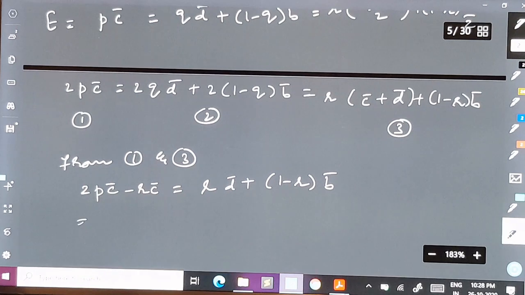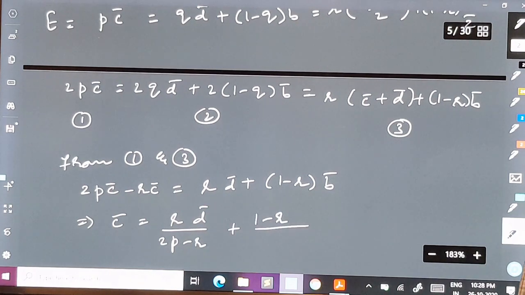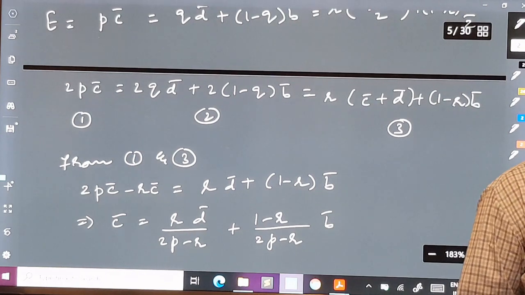From this I have C bar is equal to R D bar by (2P minus R) plus (1 minus R) by (2P minus R) into B bar.